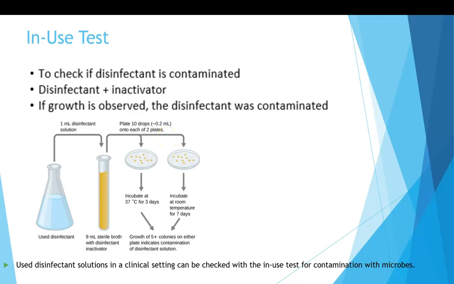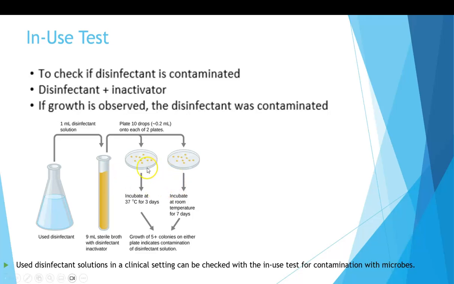This is a technique used to check whether a disinfectant is contaminated or not, and also how efficient that disinfectant is. They add the disinfectant to a solution, then take 1 milliliter of that disinfectant solution and add it to 9 milliliters of broth, like a bacterial broth.